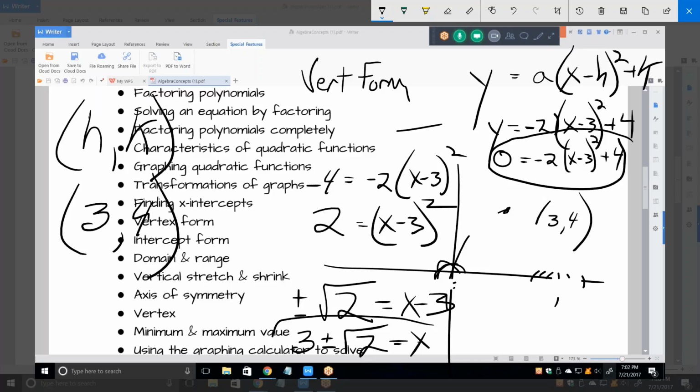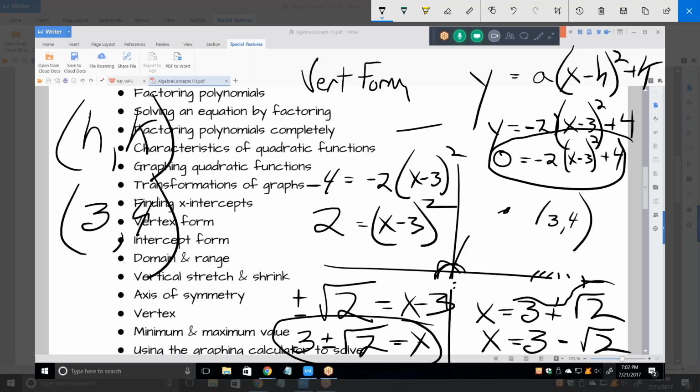And when I get an answer like that, here's what it means. It means x is equal to 3 plus the square root of 2, and x is also equal to 3 minus the square root of 2. And those are two different numbers. Square root of 2 is about 1.4.